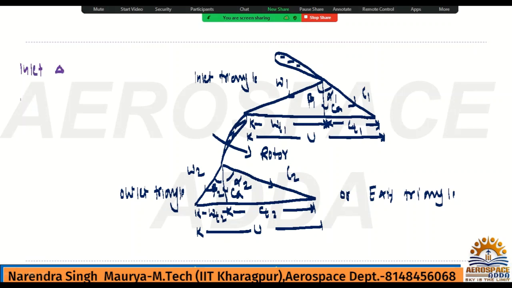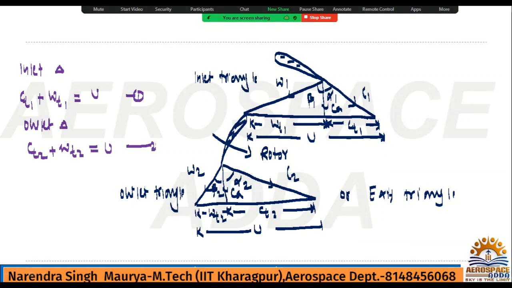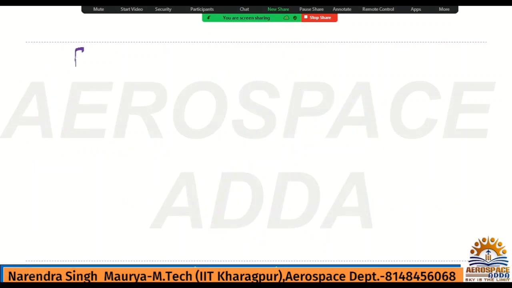So now if you check, what is inlet triangle? It is nothing but CT1 plus WT1 is equal to U, equation 1, and outlet triangle it is CT2 plus WT2 is equal to U. Okay. Now from equation 1 and 2, what you got?